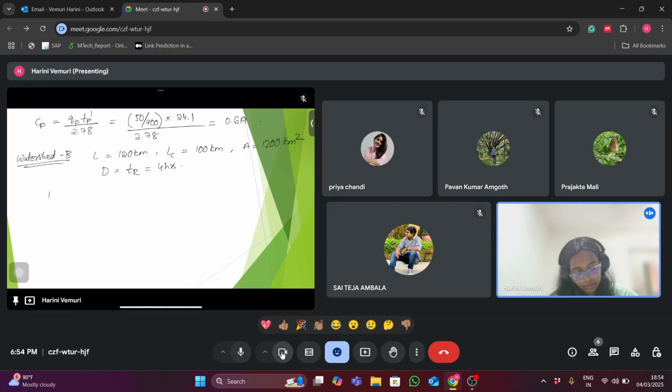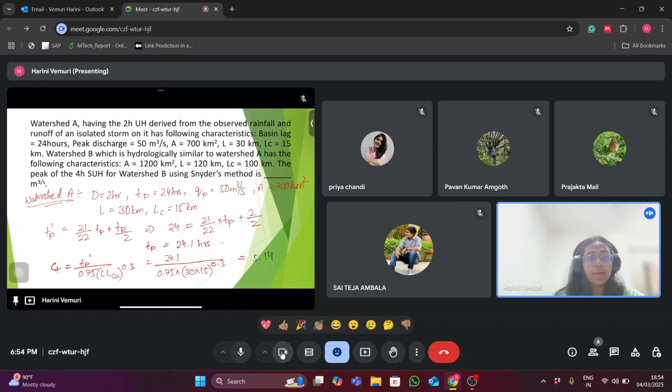Okay. So we know we have to first calculate Tp. It is 0.75 Ct into L Lca whole power 0.3. That is 0.75 into the Ct value. It will be the same as watershed A because both watershed A and B are hydrologically similar.